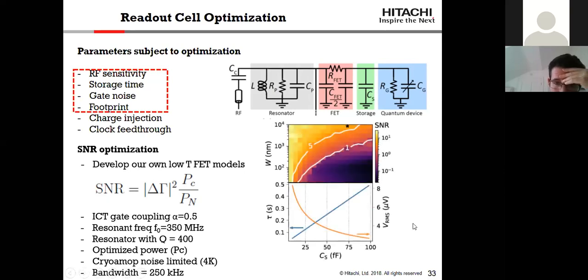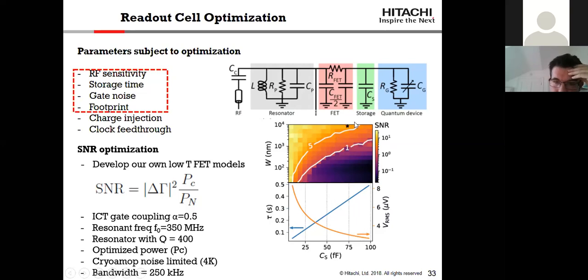What we find is that the more relevant parameters in this optimization process are, one, the width of the control transistor, which determines both the resistance and capacitances of the control FET, but also the footprint, and also the size of the storage capacitor that will ultimately limit the readout time in a DRAM type of way of operating this system.